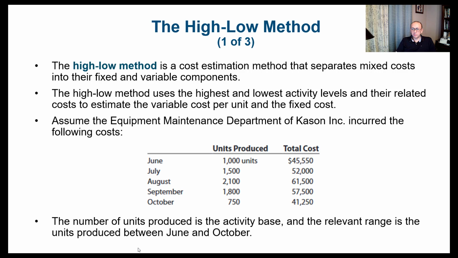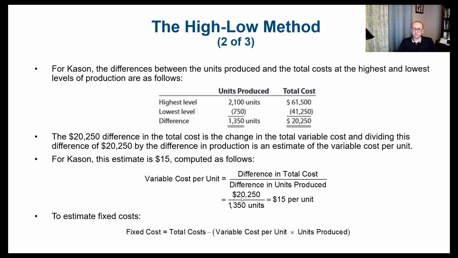The number of units produced is the activity base, and the relevant range is the units produced between June and October. So from its name, high and low, we're going to look for the highest and lowest month of production. You see here, August is the highest, 2,100. October is the lowest, 750.